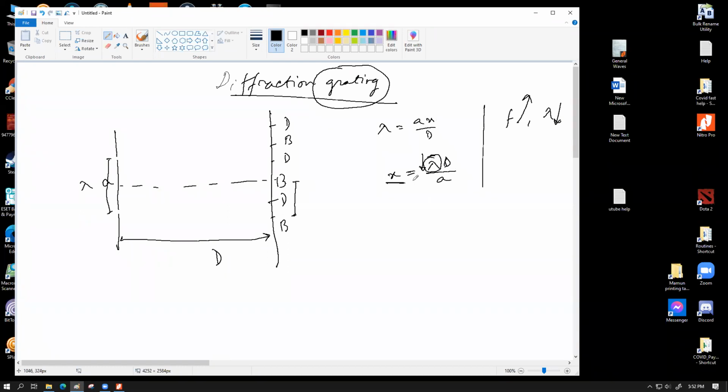Problem number one. Problem number two is that this will essentially make the x value significantly smaller. Having the x value significantly smaller means this entire pattern is going to get squashed.